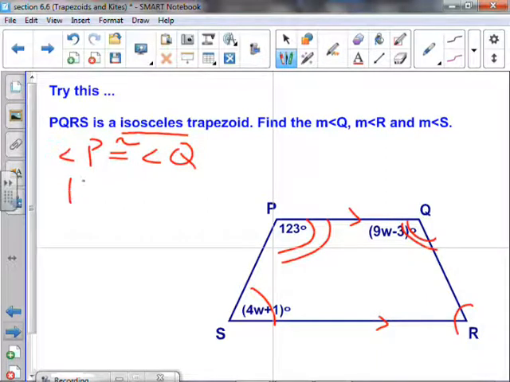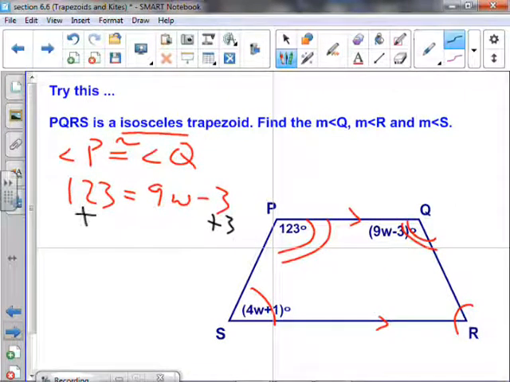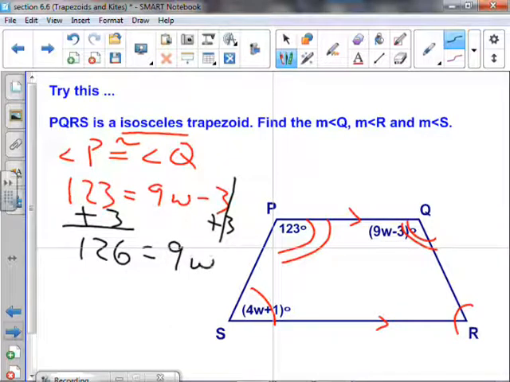So we know that 123 is equal to 9W minus 3. We add 3 to both sides and get 126 is equal to 9W. We divide by 9. I cheat and use a calculator, and I get that W is equal to 14.